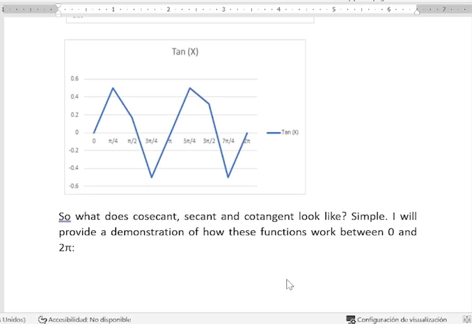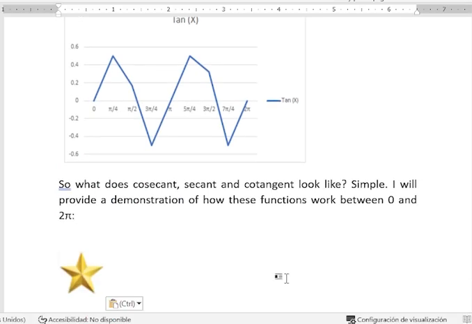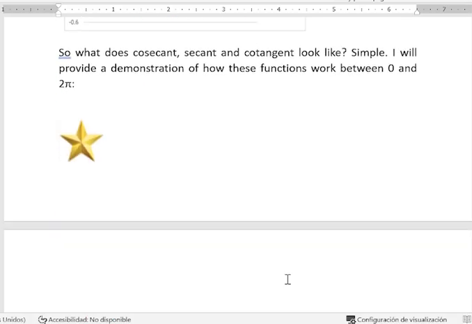So if you saw the demonstration, you get 1 gold star. Now we will look at 2 common trigonometric functions, or properties.